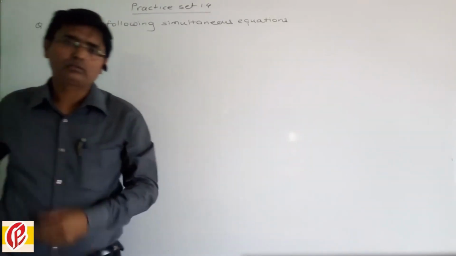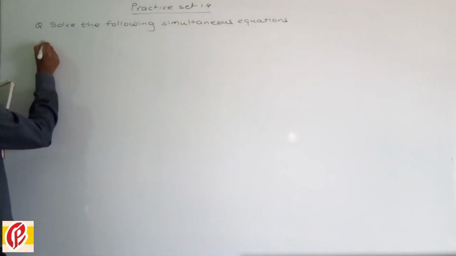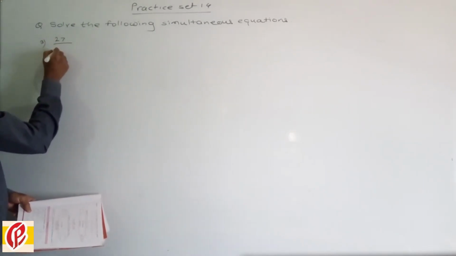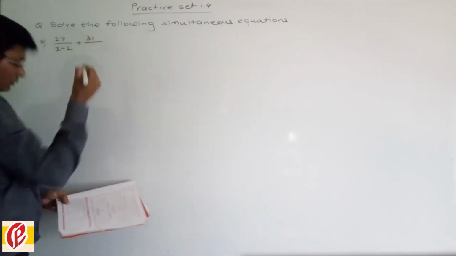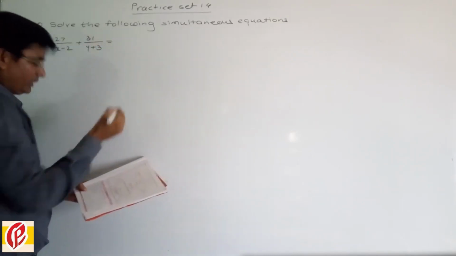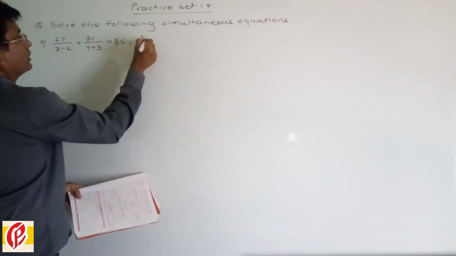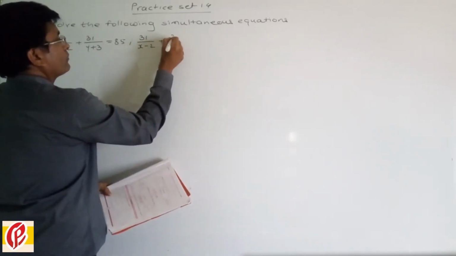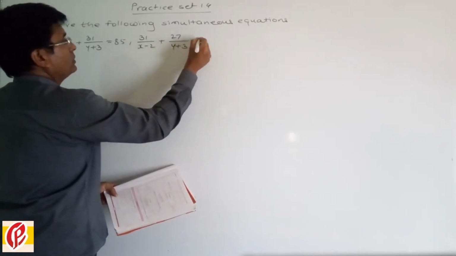Now I will take the third sum. What is the third sum? The first equation is 27 upon x minus 2 plus 31 upon y plus 3 is equal to 85. And the second is 31 upon x minus 2 plus 27 upon y plus 3 is equal to 89.